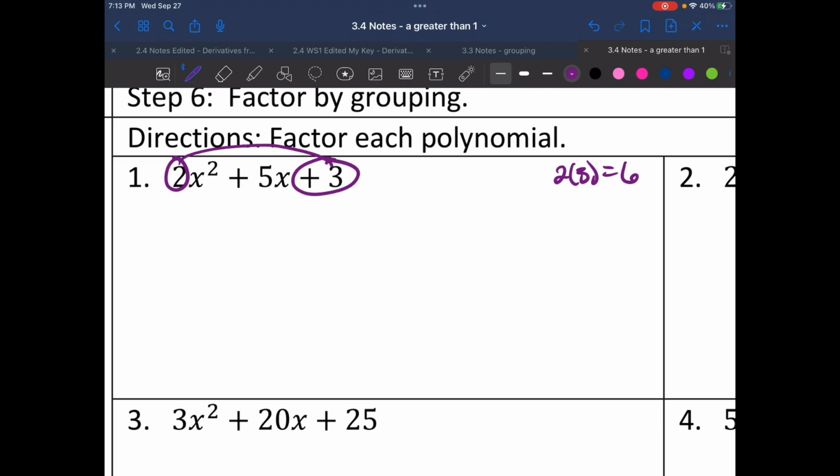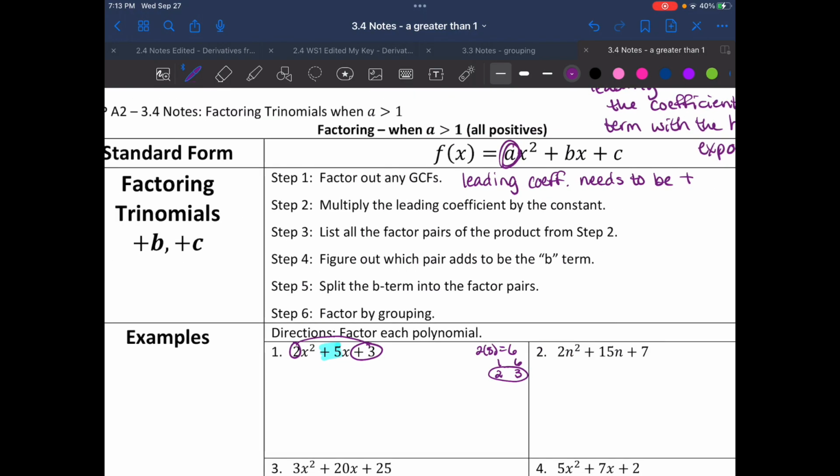Then list all the factor pairs of 6, pairs of numbers that multiply together to be 6. That'd be 1 and 6, and 2 and 3. Then figure out which pair adds together to be positive 5. In that case, this is the 2 and the 3.